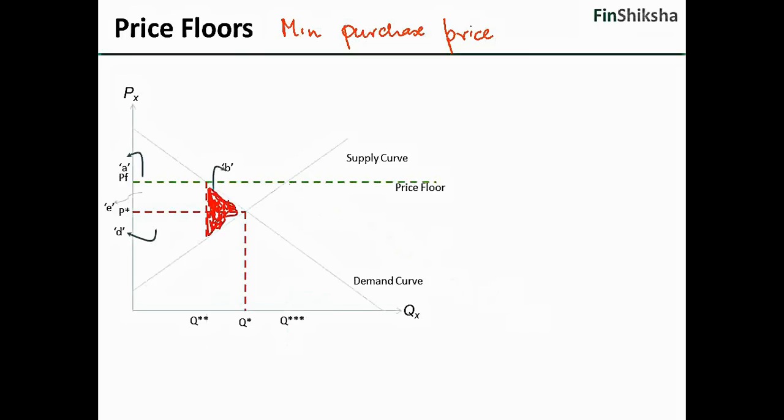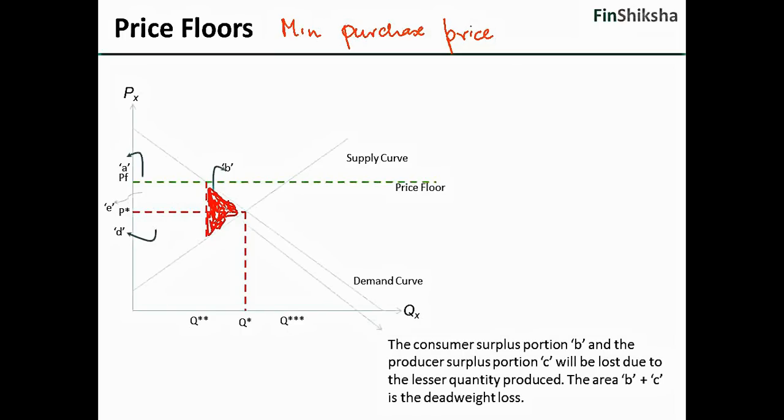Correct? So effectively, the red shaded area, which is B plus C areas, is once again the deadweight loss. And once again, you will note that now the consumer surplus is only this area, which means earlier, while area E was under consumer surplus, now this has gone to producer surplus because this entire area now falls under the producer's area.